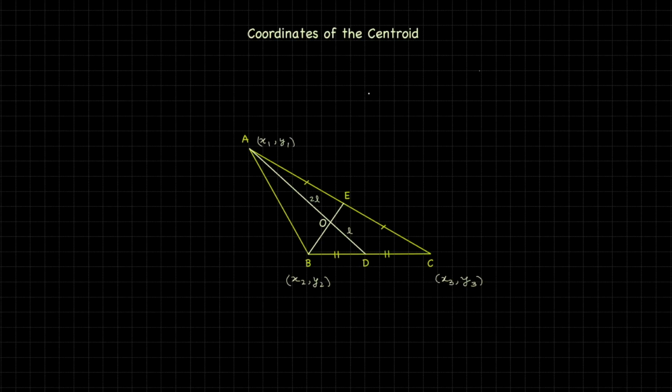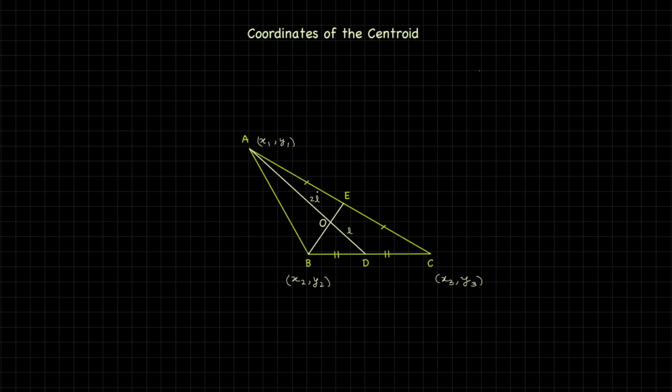Next, we are going to find the coordinates of the centroid in terms of the coordinates of the three vertices of the triangle. I have marked the coordinates of A as x1, y1, B as x2, y2, C as x3, y3. From the previous theorem that we proved, the ratio of the lengths of segment AO and OD is 2 to 1.